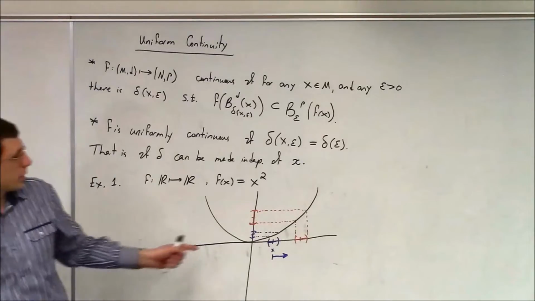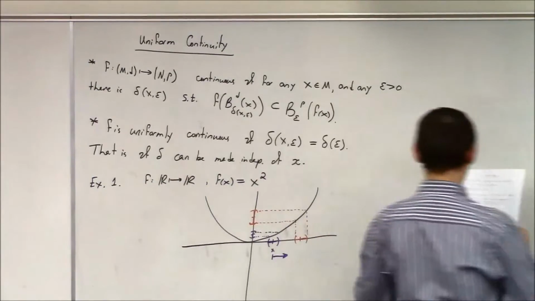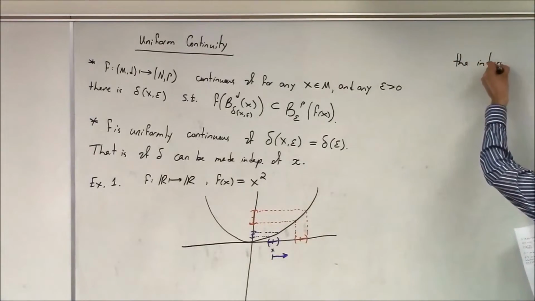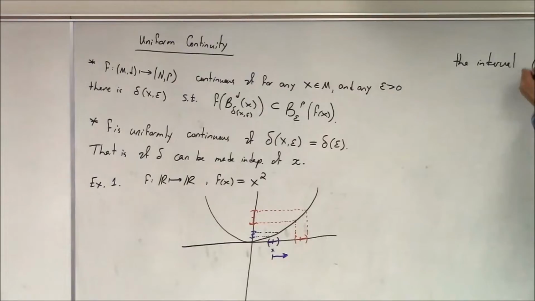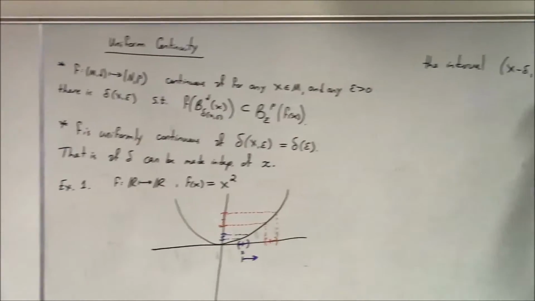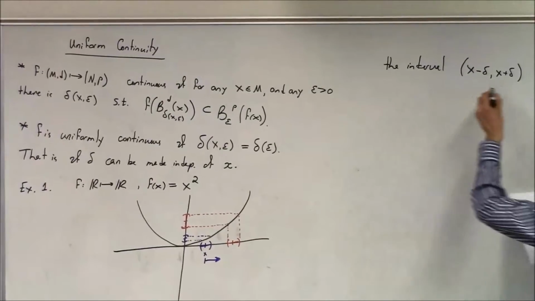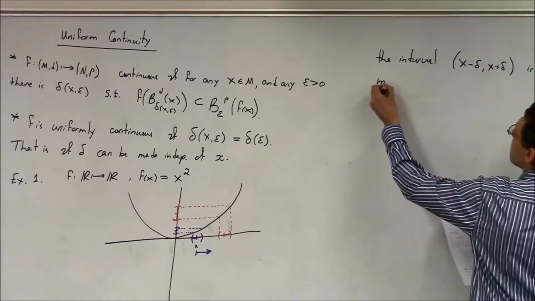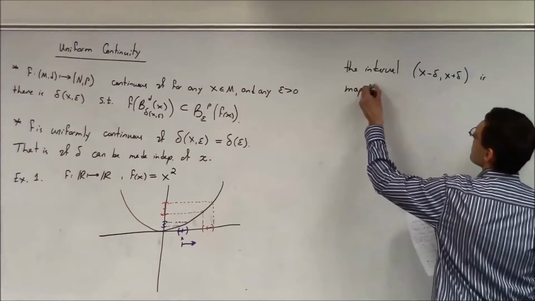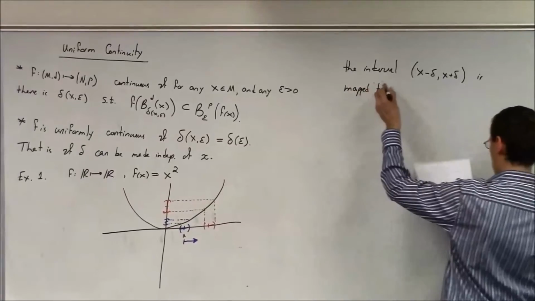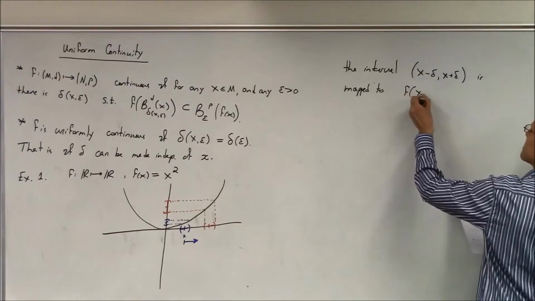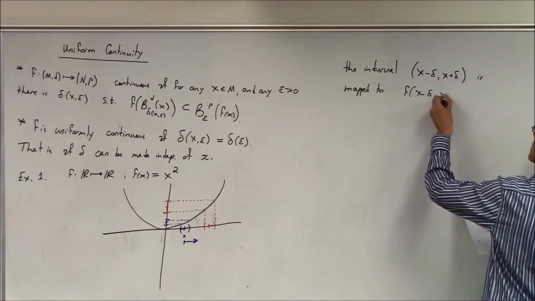So the way to phrase this is to say that for any fixed delta, the interval x minus delta, x plus delta is mapped to f of x minus delta, x plus delta.